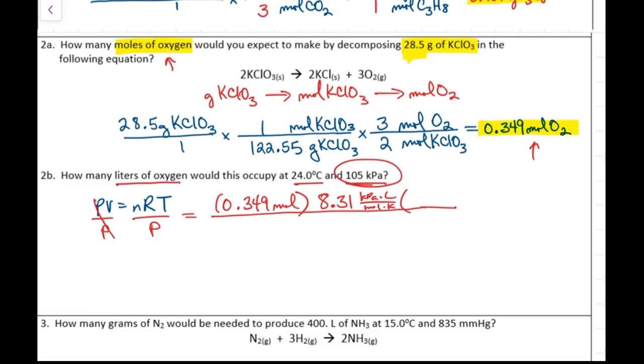The temperature is in Celsius, so we have to do, kind of off to the side here, 24 plus 273, right? So that gives us 297, right? And then my pressure was 105 kPa. Okay, so that should give us our volume. Go ahead and pause here and calculate and see what you get.